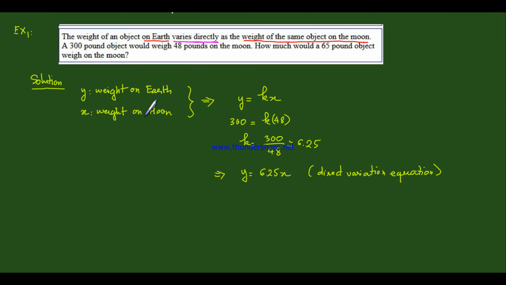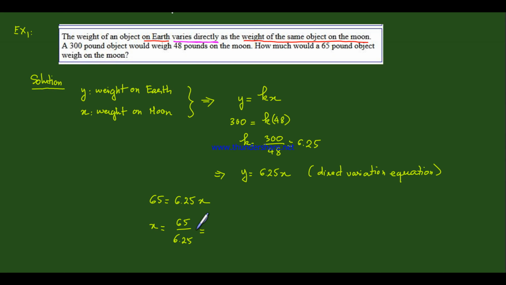They're asking you on the moon, and they give you 65 on Earth. It means they give you the y. So our job is to replace y with 65. So it will be 65 equal to 6.25x, because x is the weight on the moon. That's what they're asking you. So from here, x is 65 divided by 6.25.